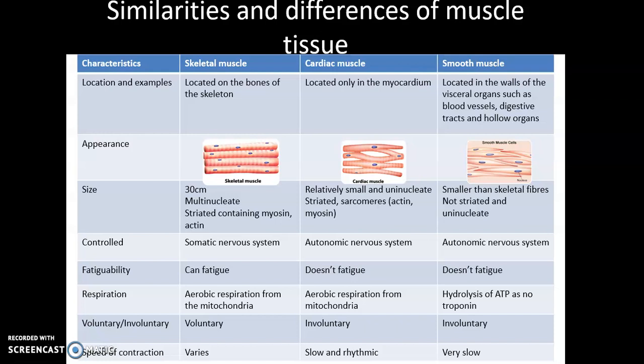Firstly, in terms of location, there are some clear differences between the muscle tissues. The skeletal muscle tissues are located on the bones of the skeleton. This is why they are important in providing movement in order to pull on the bones to act as levers. The cardiac muscle has a very different function and is located only in the myocardium, as its muscular function helps to pump blood around the body.